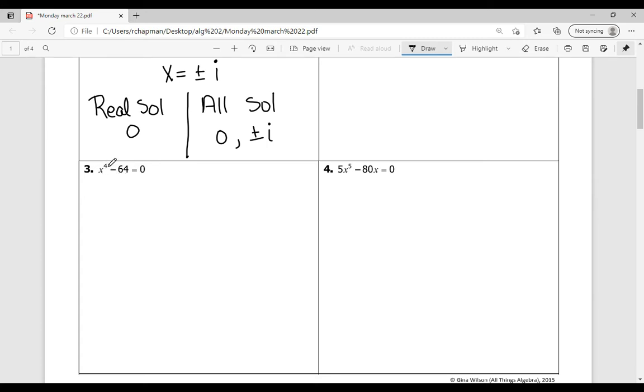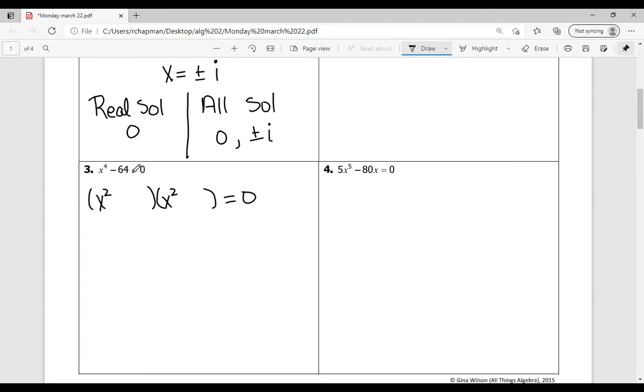As long as my exponent is even, it's a square. 64 is a square. So I'm going to split x to the 4th halfway, 2 and 2. If that were 6, that would be an x to the 3rd and x to the 3rd. As long as your exponent is even, you can split it evenly, okay?